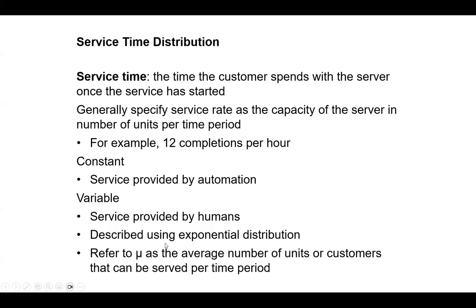So what does mean service rate? We need to compare it with service time here. Service time is how long you need to spend to complete that service, while the service rate is, for a unit time period, how many you can serve.